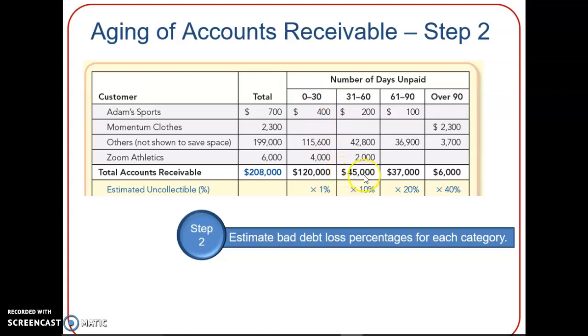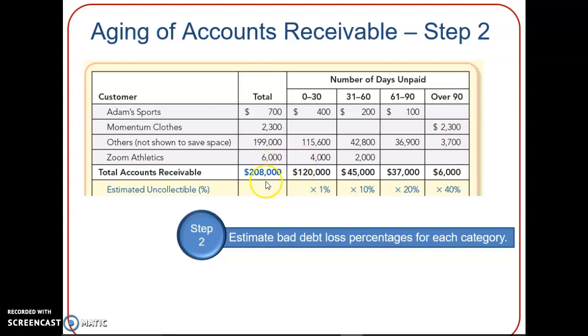We have $45,000 in the second category, 31 to 60 days. We have $37,000 in the third category, 61 to 90 days, and then $6,000 accounts receivable in the last category, over 90 days. So that's the first step.